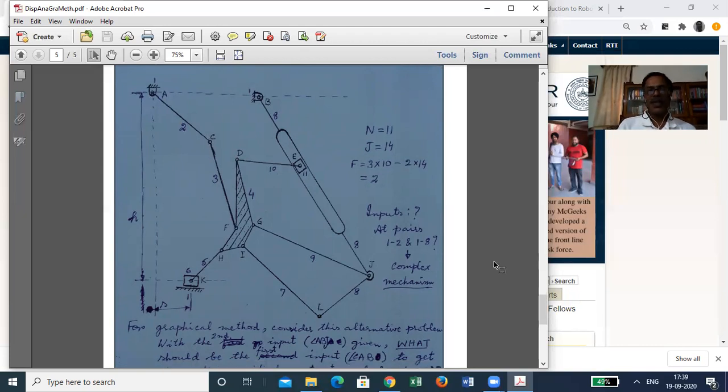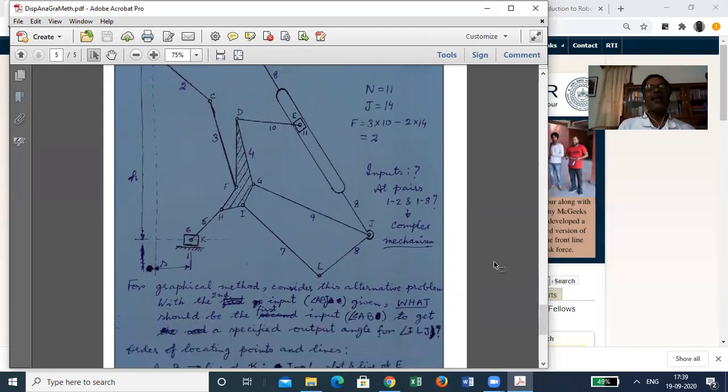So that you get. And then if you want to complete the configuration, then the way you can mark E with the help of DE length, similarly you can locate point K through this, and that is actually the other output, the position of this slider.